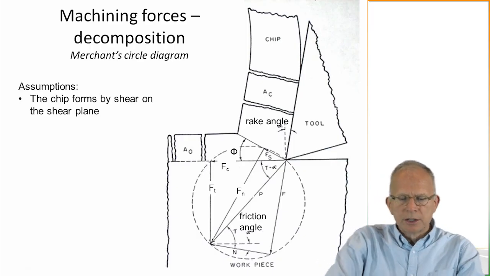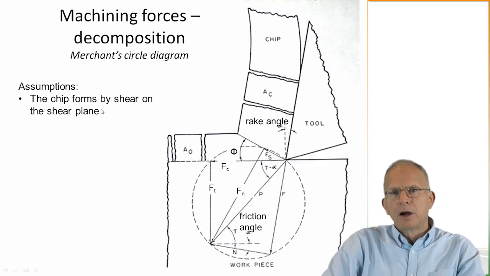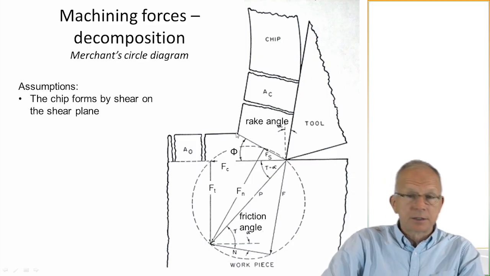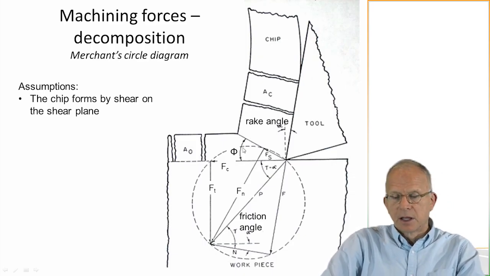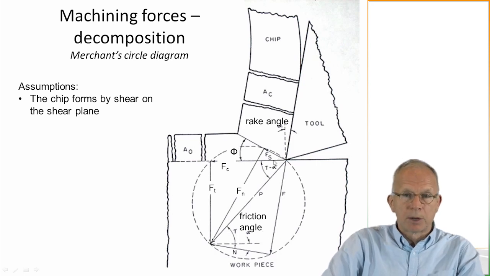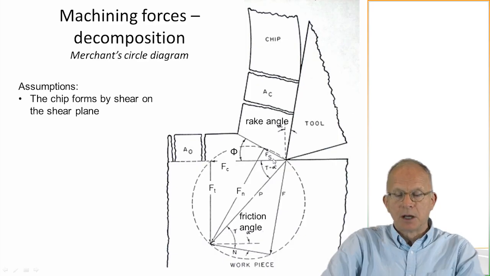What Merchant is supposing, though, in the assumptions, is that the chip forms in shear on the shear plane. So this is an approximation, obviously, because if it actually did form on an infinitesimally small plane, the shear rates would also be infinite, and that's not possible. So it is a small shear zone.